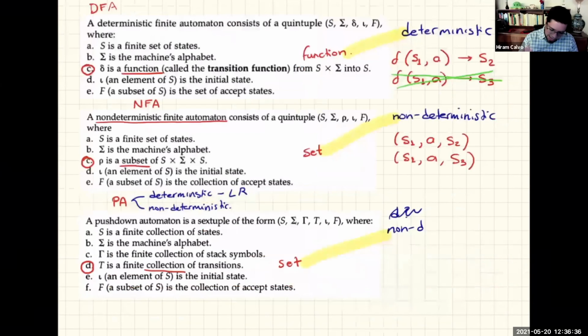However, remember, we had non-deterministic automata, but there was always an equivalence to deterministic finite automata. So whenever you had a non-deterministic finite automaton, you could always convert it to deterministic.